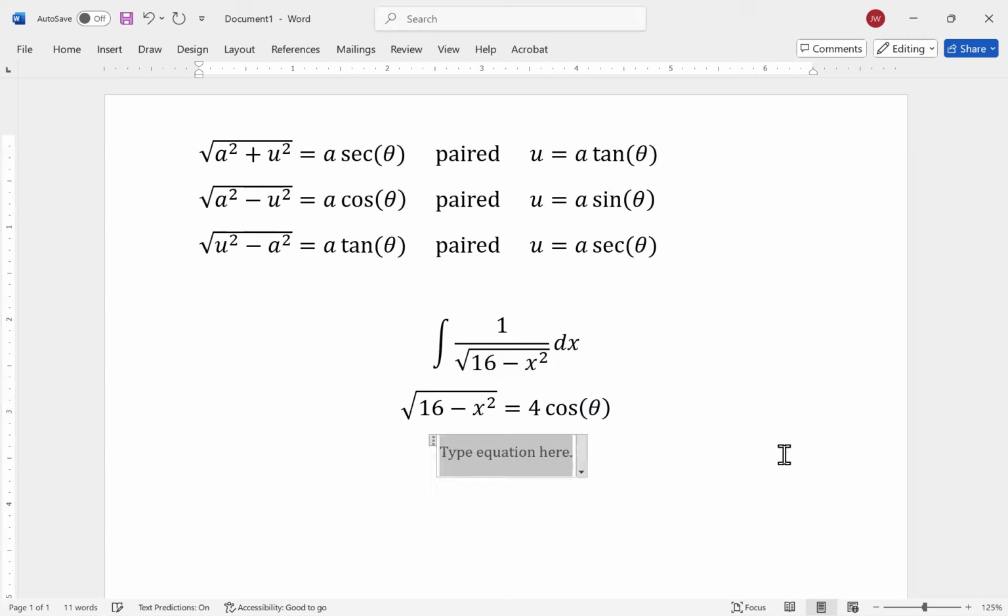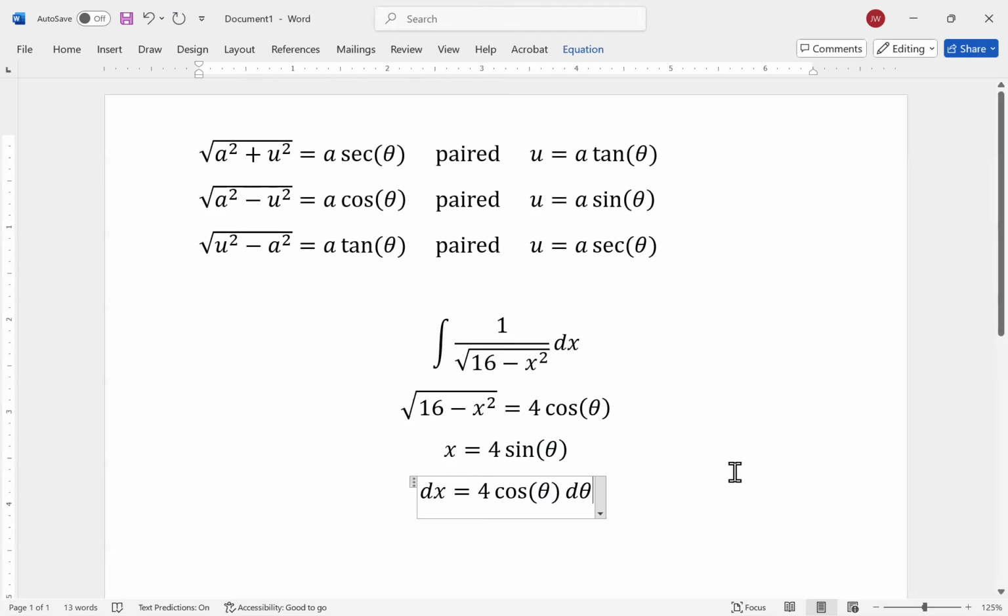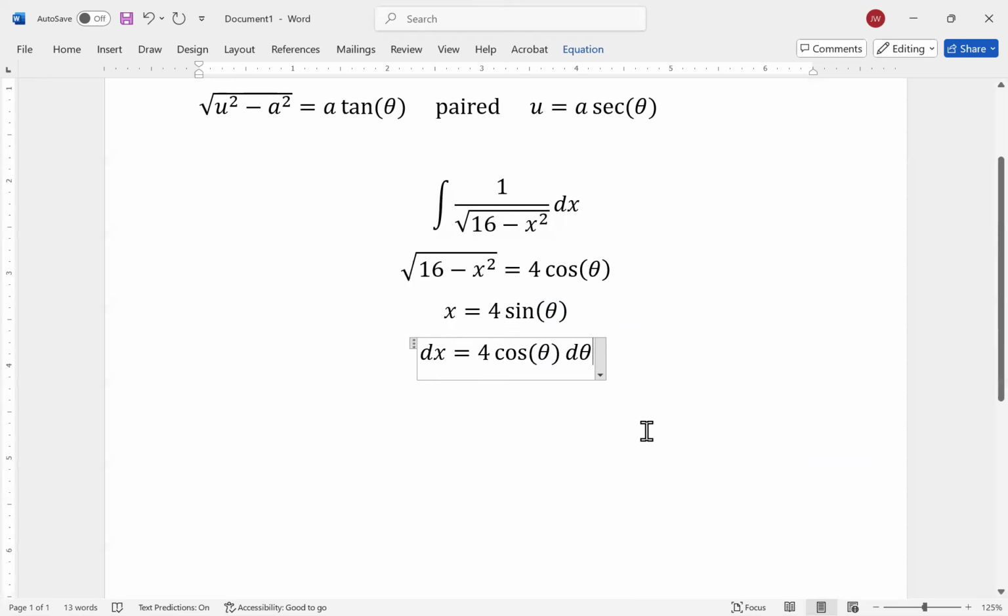And that means my u, which in this case is just x, is going to be 4 times sine of theta. Now the derivative of sine is cosine. So if I do 4 times cosine theta, I get the derivative of x with respect to theta. So my differential exchange is going to be that dx is equal to 4 cosine theta d theta.